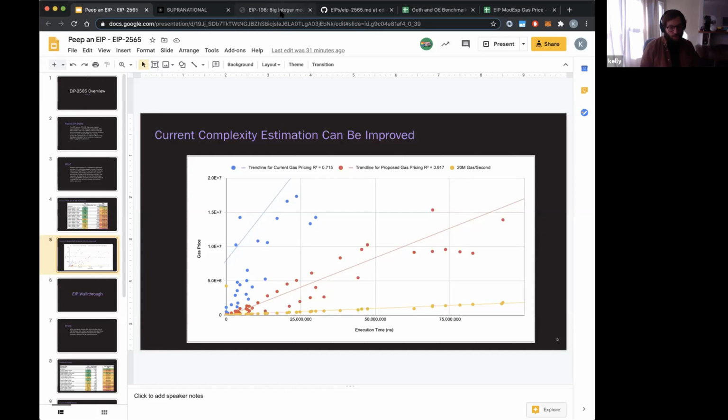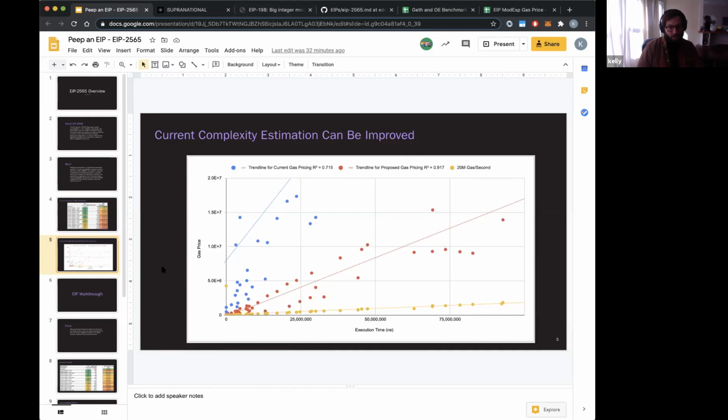So what you want to happen is that the gas pricing is closely tied to the time it takes to execute on the computer. So each one of these dots is a look at the gas price, either according to the old formula, which is in blue, or the new formula, which is in red, as compared to the execution time.